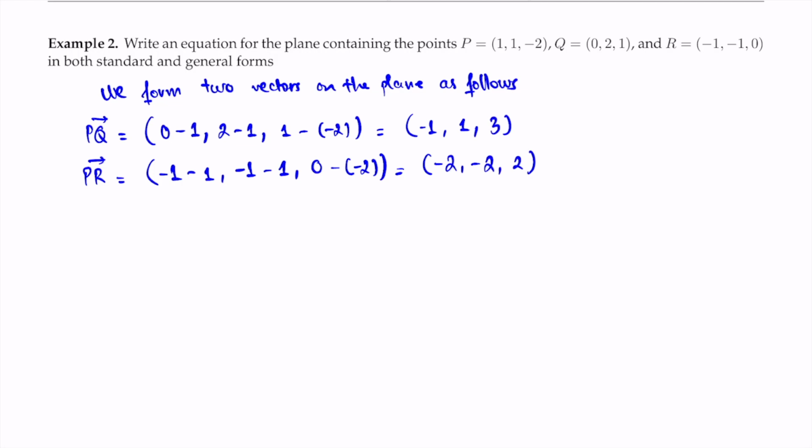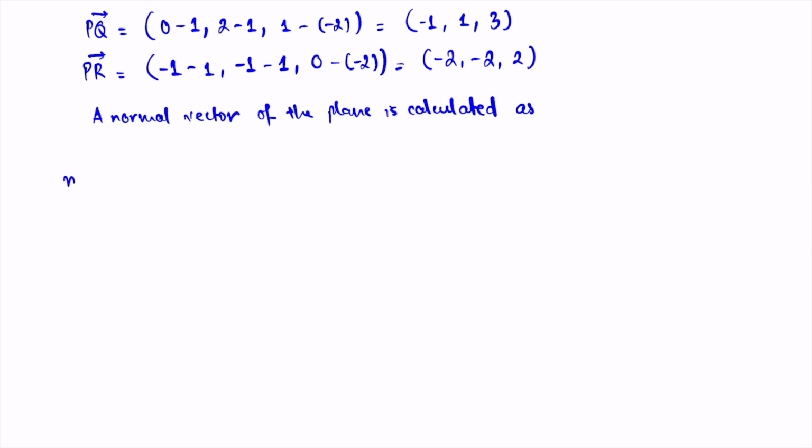So you get 2 vectors on the plane, and to find the normal vector, you're going to find the cross product between these two vectors. And the cross product will be orthogonal to both PQ and PR. So that is the normal vector of the plane, calculated as n equal to PQ cross PR.